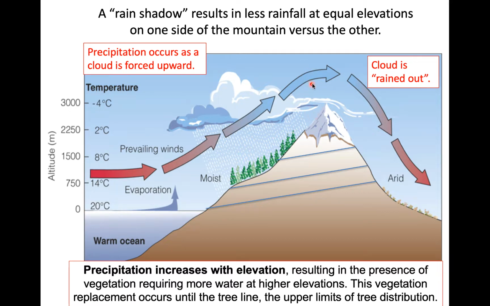So by the time the clouds make it all the way over to the other side of the mountains, they've rained out, they don't have any more moisture, they're very dry, and so you get this rain shadow such that the eastern sides of mountains are quite dry. And you can even get desert-like conditions not far from where you have lush green forests because the mountains are raining out the clouds. So another effect of elevation on biomes.